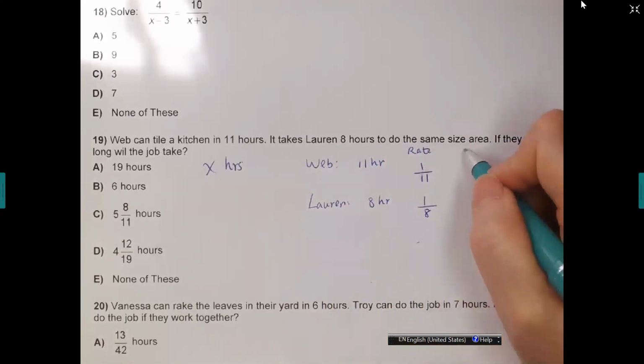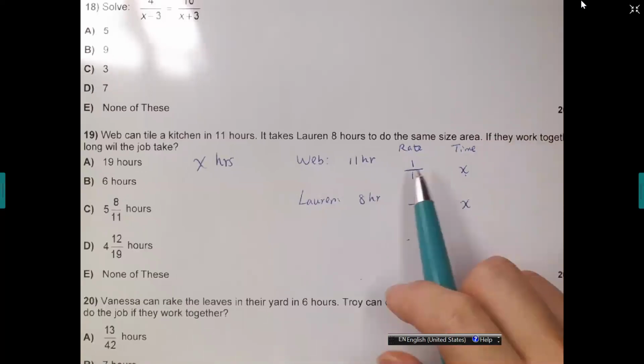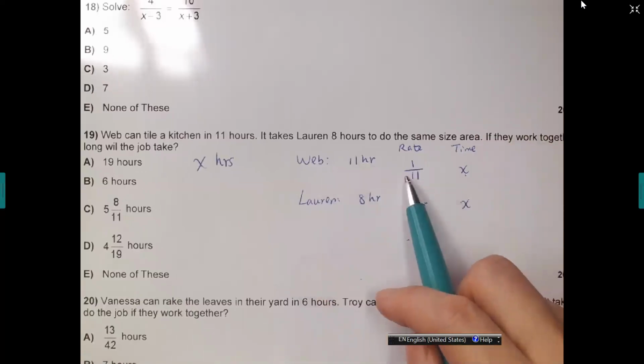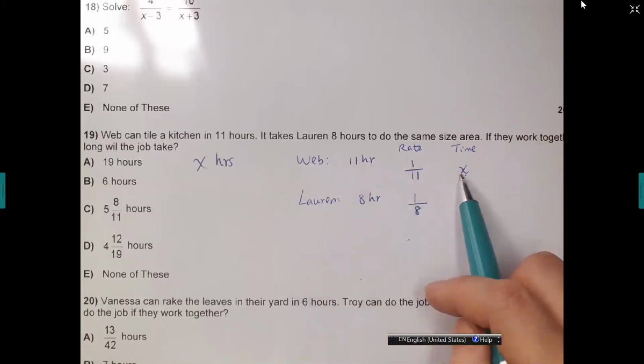Now that's the time. Both of them will work x hours. Not only does Webb work x hours, Lauren will work the same amount of time, also x hours. Webb each hour finishes 1/11 of the job. He works x hours.